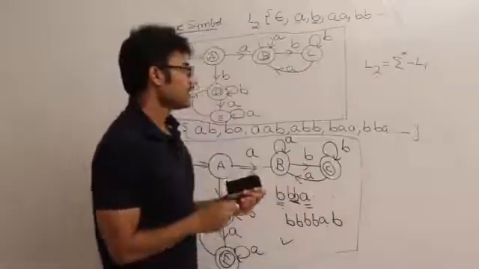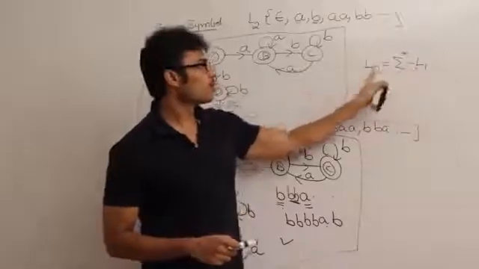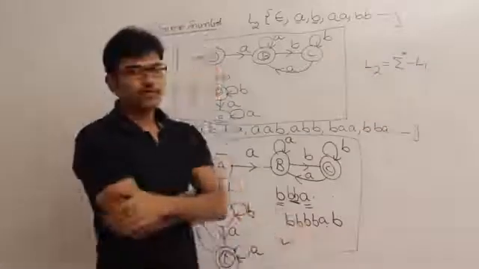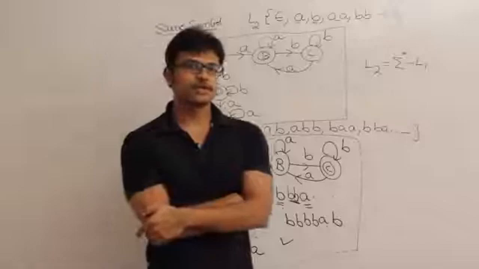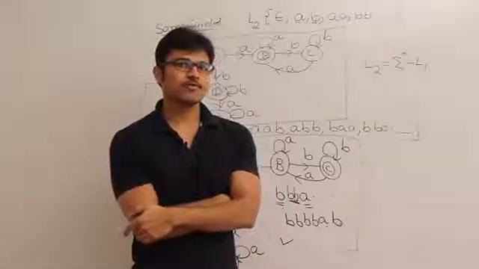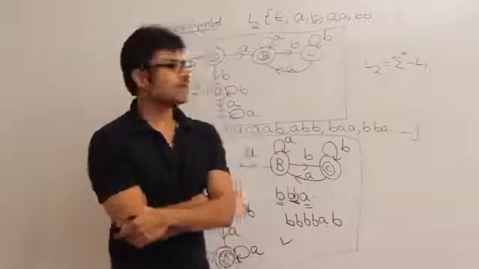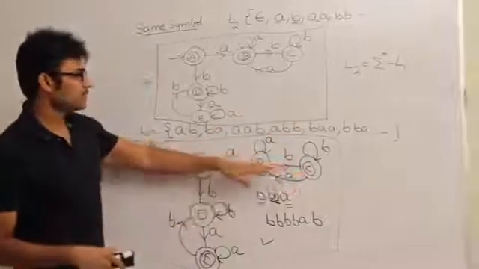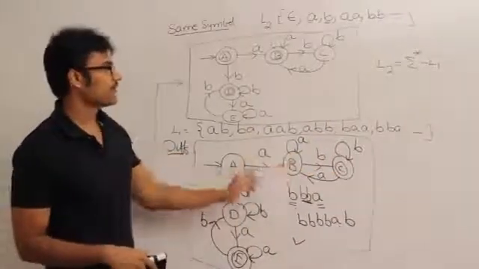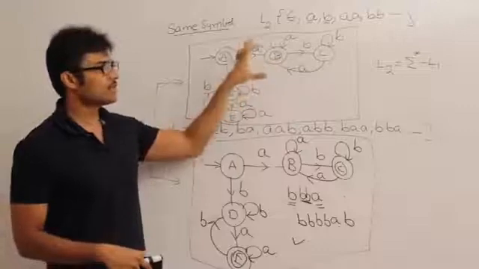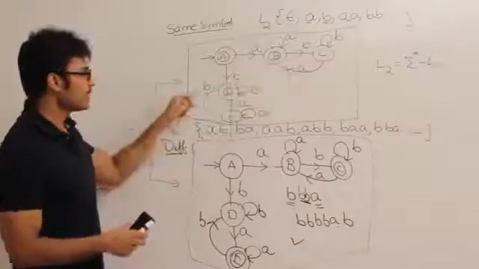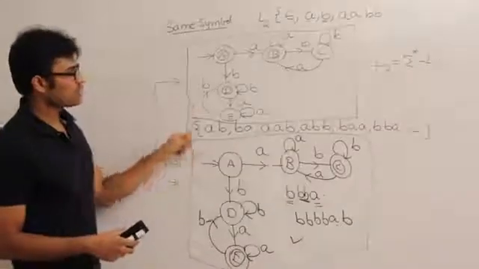If this is the condition, then I can say L1 and L2 both are complements of each other. For example, the set of all strings of even length is a complement of the set of all strings of odd length. In this case, L1, which is starting and ending with different symbols, is a complement of starting and ending with the same symbols.